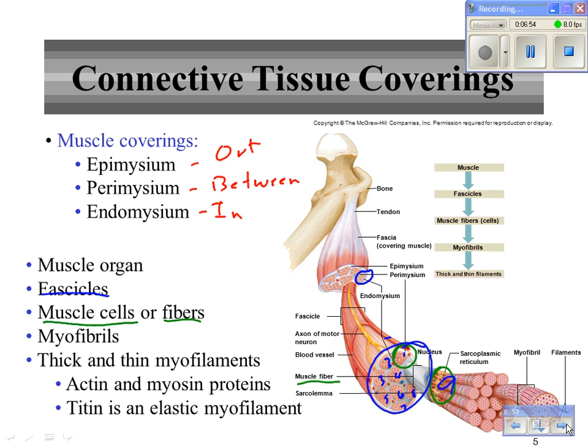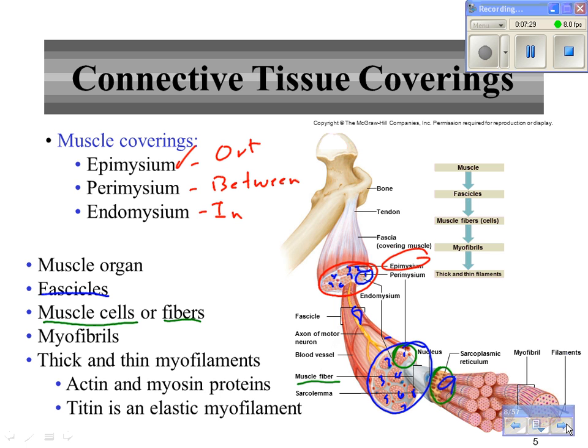So one fascicle can be connected to another fascicle. There's 1, 2, 3, 4, 5, 6, maybe 7 fascicles, well, 8 if we're counting that one, that bundle together. Those fascicles bundle together to form a skeletal muscle, and surrounding our skeletal muscle, we have another connective tissue that goes all the way around it, maybe our biceps brachii muscle, and that's called the epimysium.